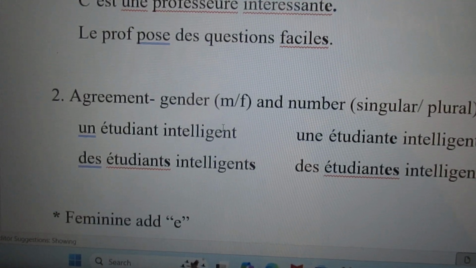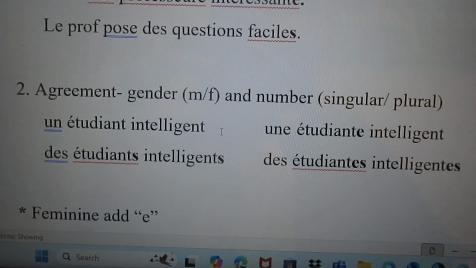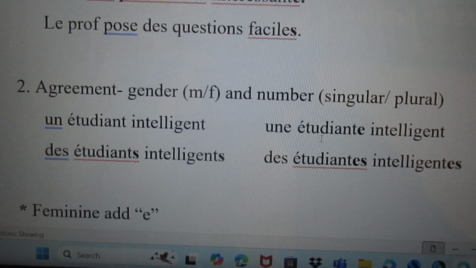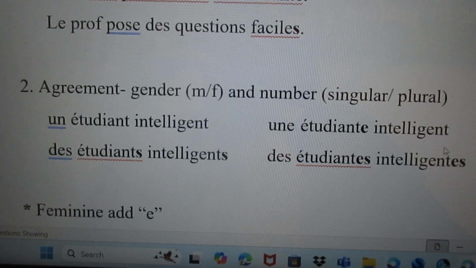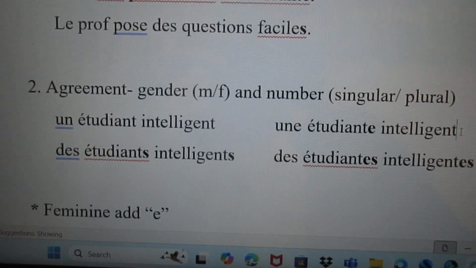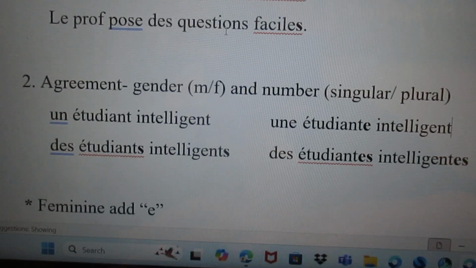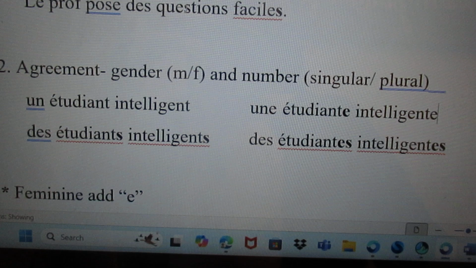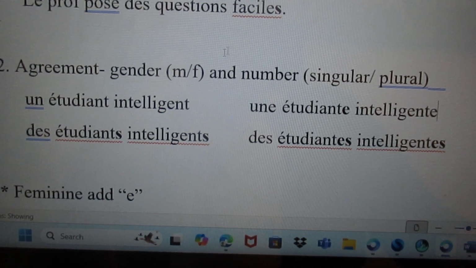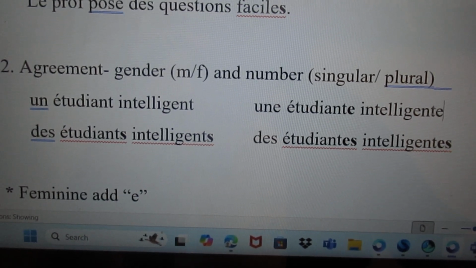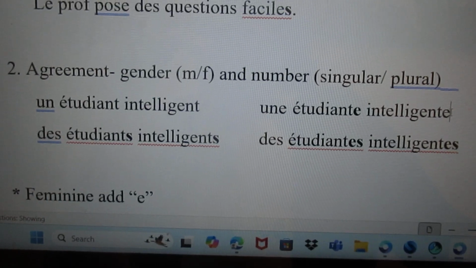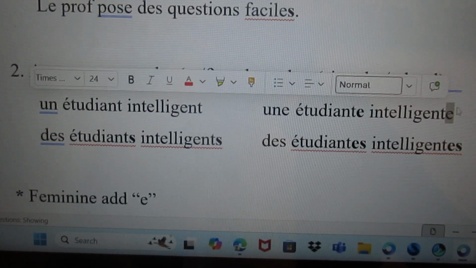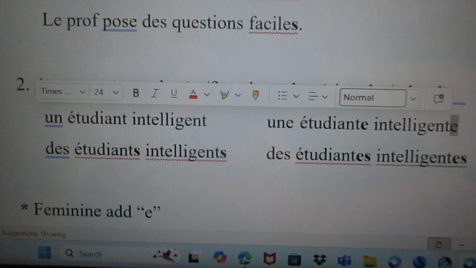Un étudiant intelligent. Now that contrasts with une étudiante. And then here I want to add intelligente, because that is feminine, I want to have this E added on to my intelligente.